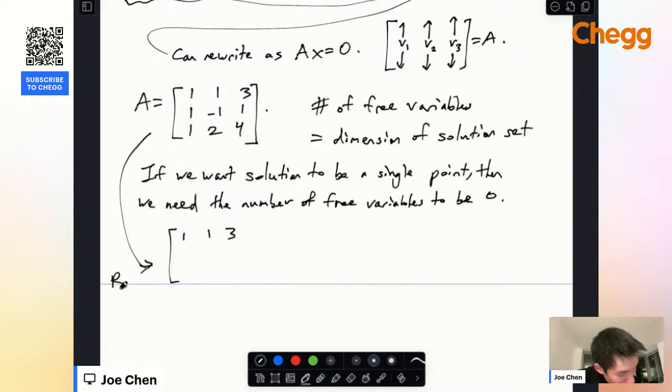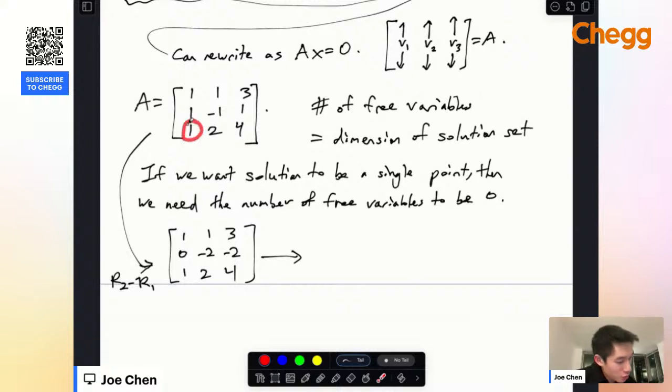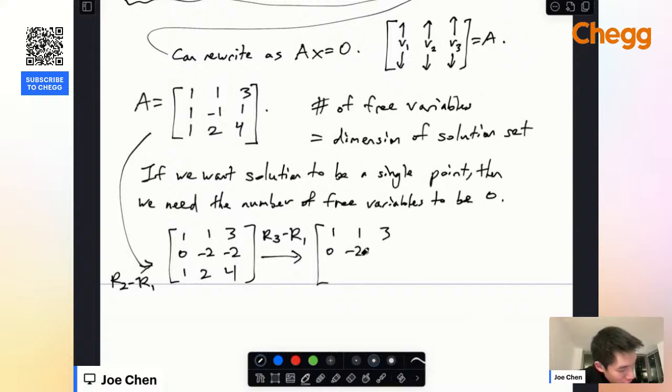So I have R2 minus R1, and I get 0, -2, -2, and then 1, 2, 4. And then to eliminate this 1, I can subtract R3 minus R1. So the first 2 rows remain untouched, and here I get 0, 1, 1.